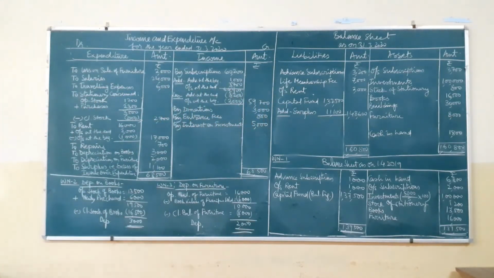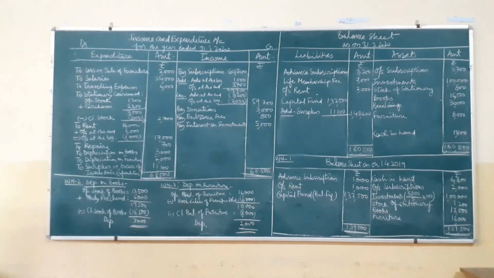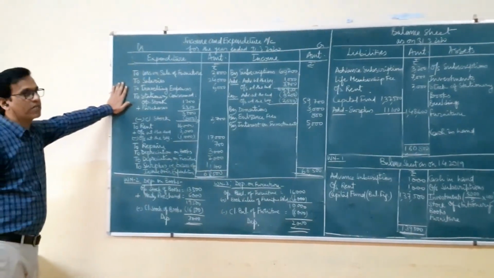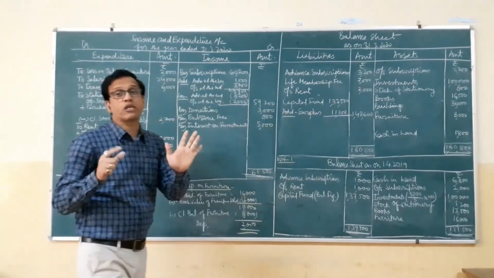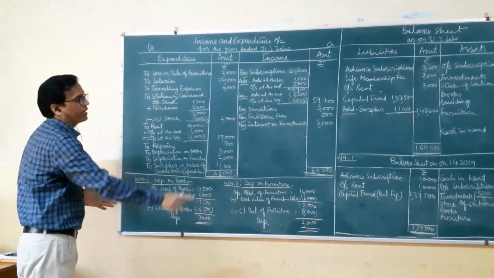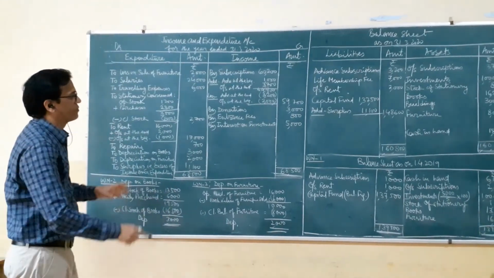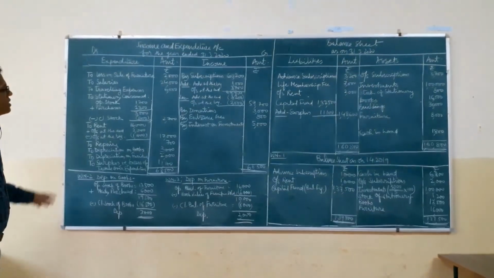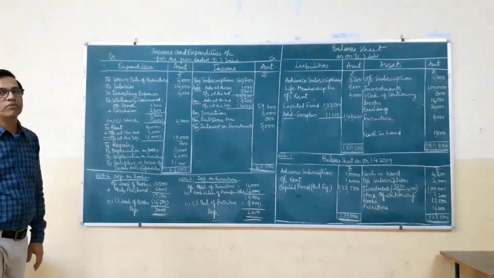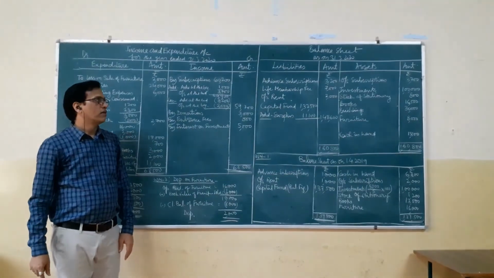So this way, this question is to be solved. Have a look at it. First, we have prepared the income and expenditure account, then the opening balance sheet, and then the closing balance sheet. This is the sequence in which we have to prepare. But if we prepare it simultaneously, item wise, that means each and every item is placed just by reading the item and going through its adjustment, then there are chances that you are not missing any item. Okay? So, have a look at it.